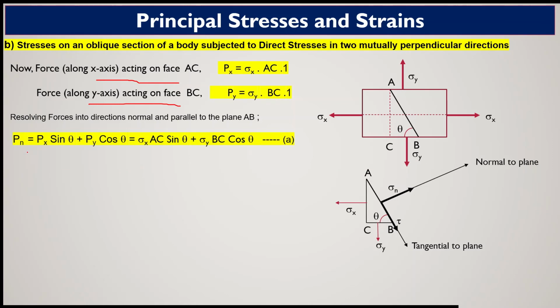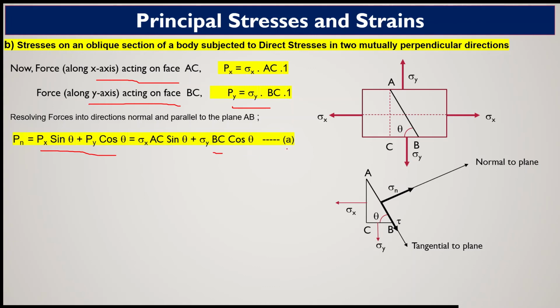Now Pn is the force normal to plane AB due to these two stresses sigma x and sigma y. When we resolve sigma x and sigma y in a direction normal to AB, we get this formula: Px sin theta plus Py cos theta, where Px is sigma x AC into sin theta, and Py is sigma y, acting on BC, into cos theta.